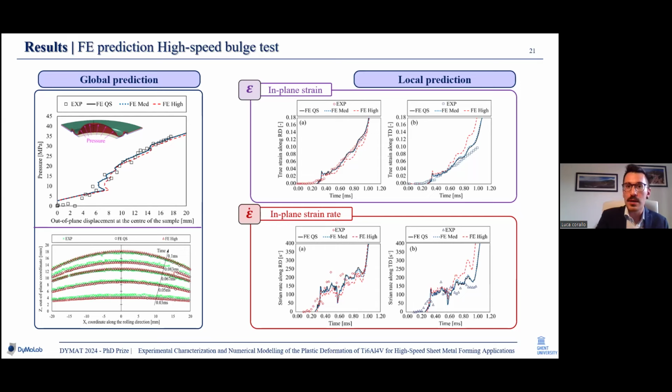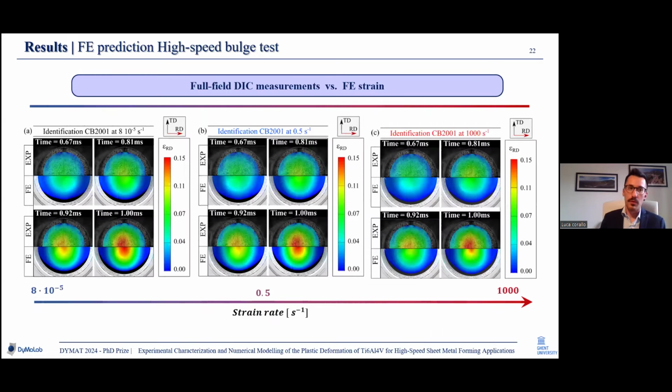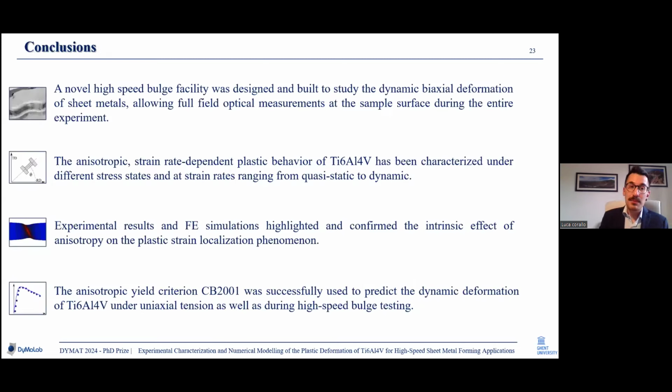And this was also clear by looking at the contour plot of the strain field from finite element and from experiment for the three different datasets, quasi-static, intermediate, and dynamic. And of course, this comparison was only possible thanks to the possibility to have access to the sample surface throughout the experiment. And this leads me to the conclusion.